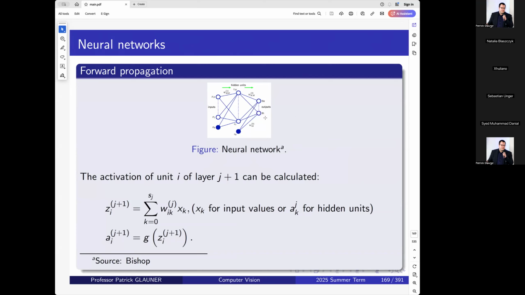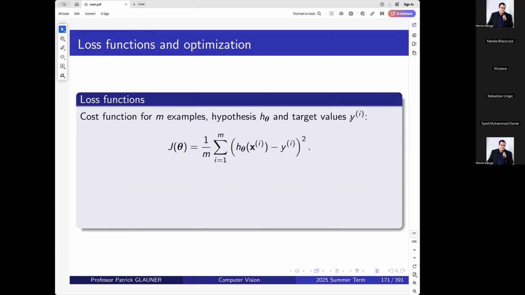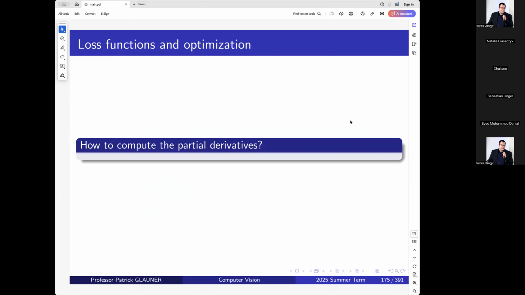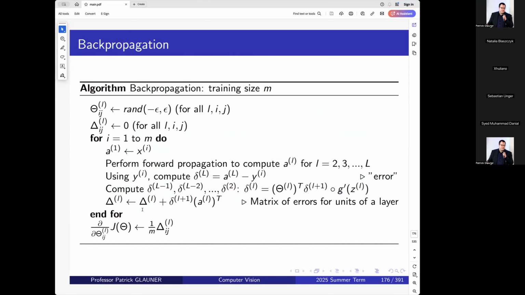And then I backpropagate. So from the output layer back to the hidden layers, I backpropagate these errors. And I want to find out how much each parameter contributes to the overall error. And this is what backpropagation does. And as a result, backpropagation gives me these partial derivatives.